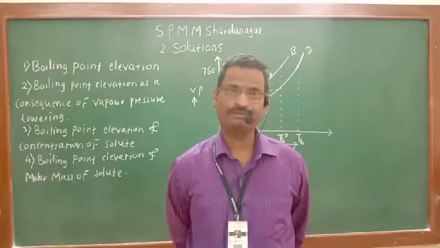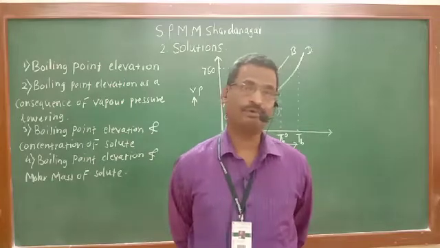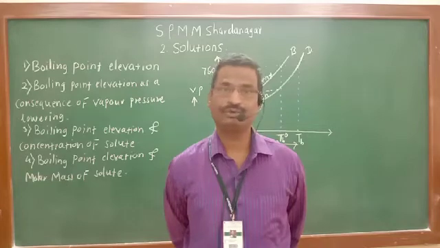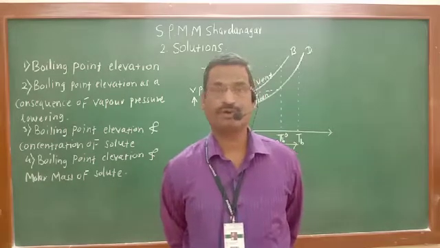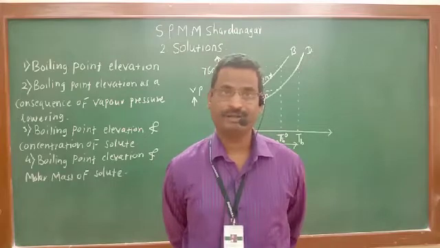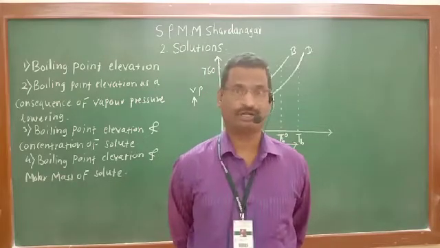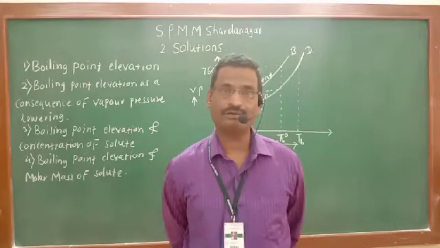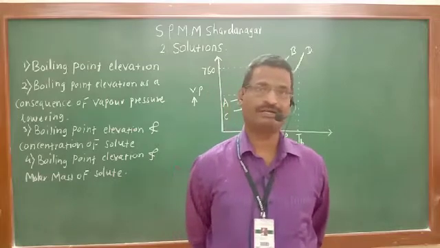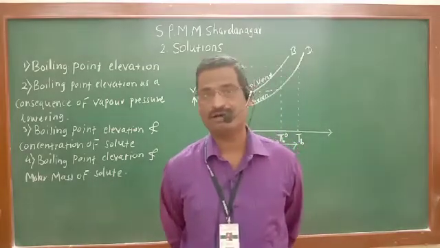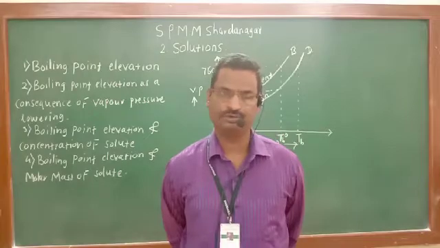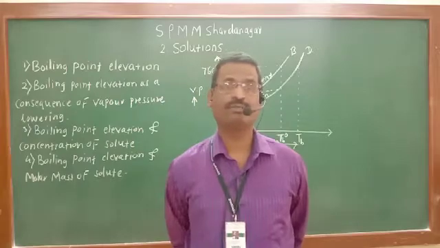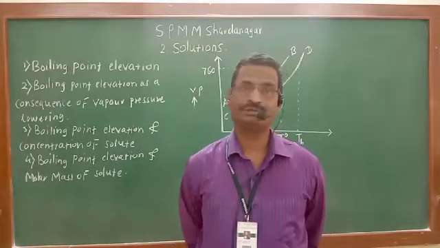In a pure solvent, the number of volatile solvent molecules at the surface is greater, whereas in the solution, some solvent molecules are replaced by non-volatile solute particles at the surface. Therefore, the number of volatile molecules at the surface in the pure solvent is greater than in the solution, and so the solvent exerts more vapor pressure than the solution.